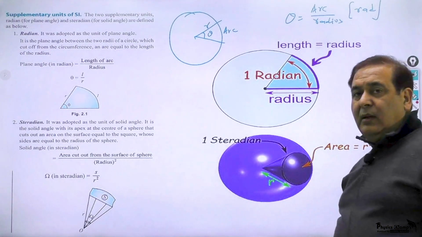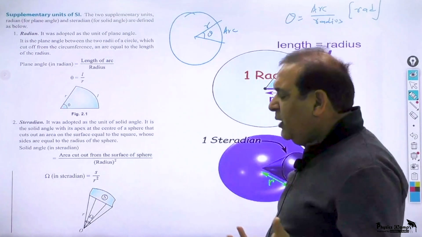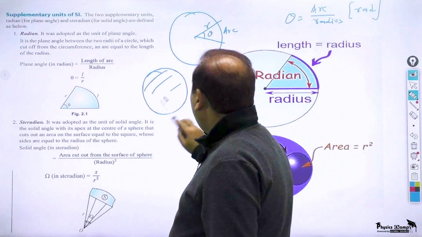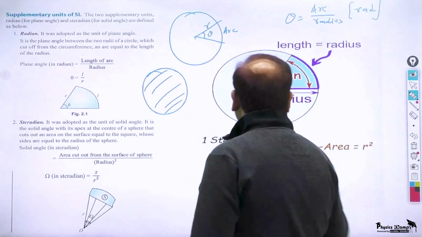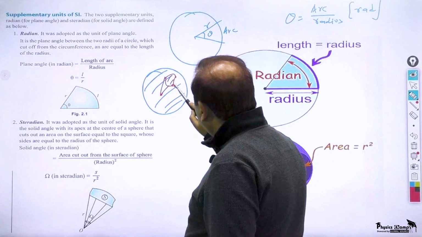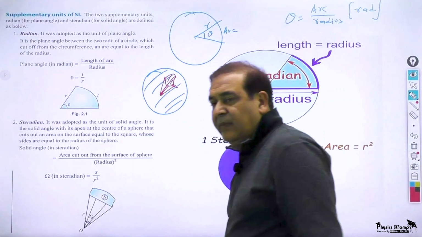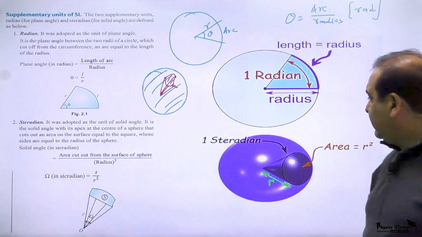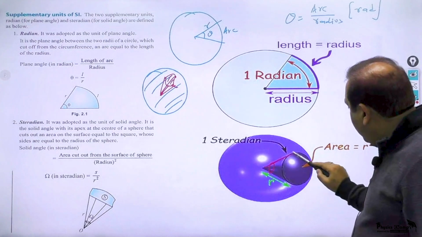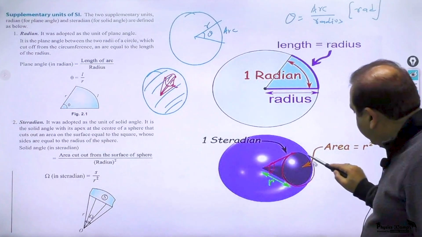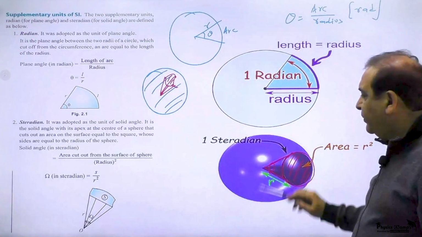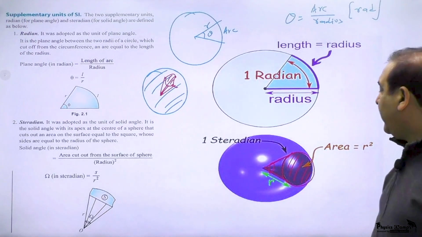Similarly, if we are talking in 3 dimensions, think of a ball: how much angle does one area on the surface of the ball put at the center? So it's going to be a solid angle. Like this is a ball and I take one area of it, how much angle does it put at the center? This is called solid angle.